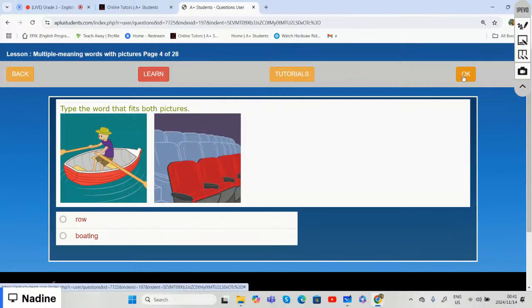So we need to type the word that fits both the pictures. Is it option one, row, or option two, boating? Which one is correct?